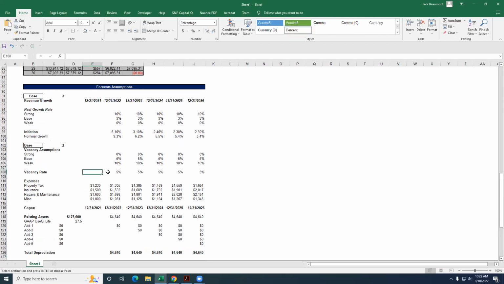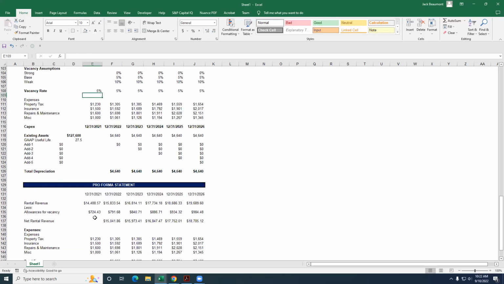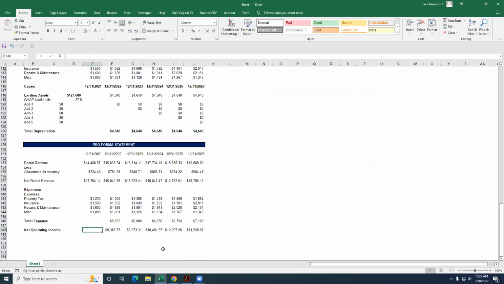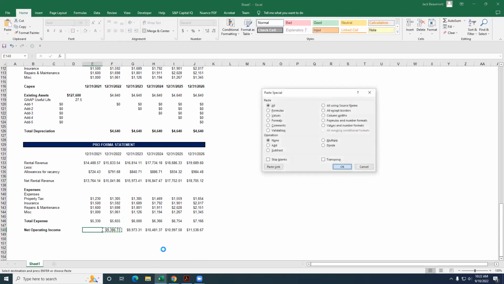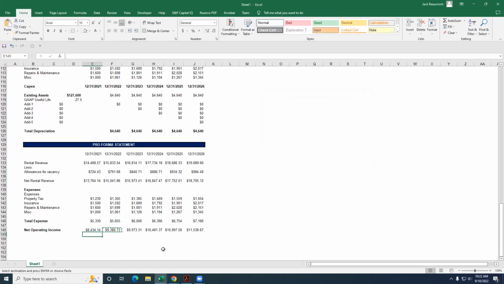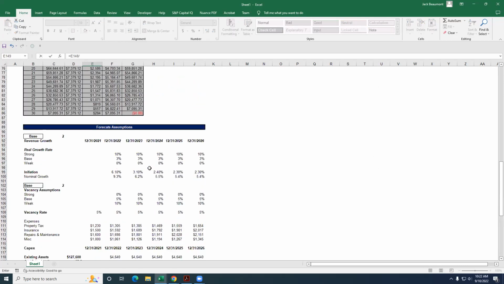No, I didn't. Okay, and then let's do Control C. Oh, geez. All right, so now we can look at what is our cap rate for our first year, or when we bought it, sorry. Okay, and so we're going to do equals this divided by how much we paid for it.